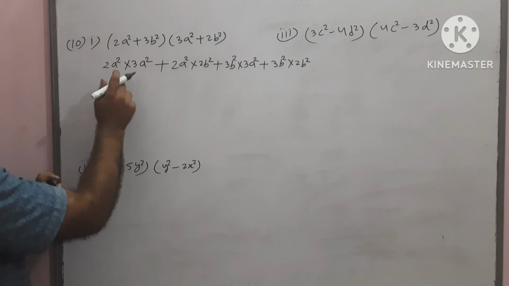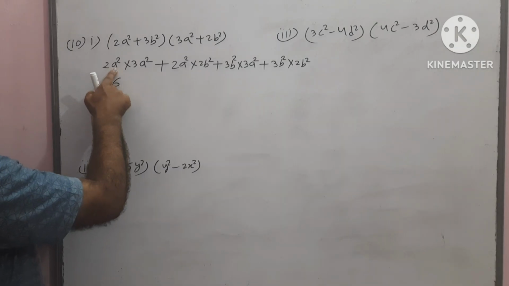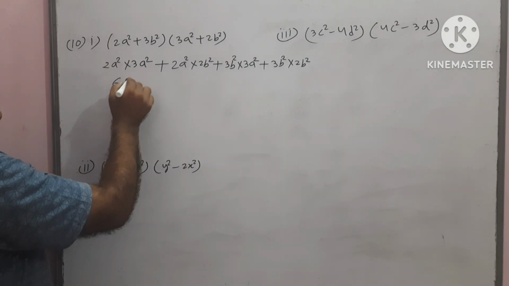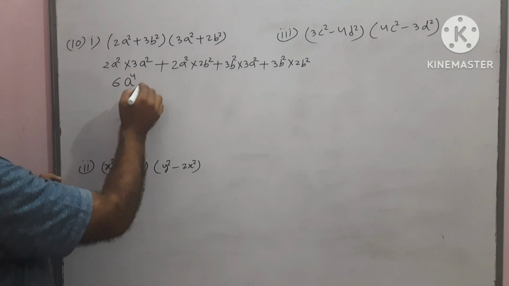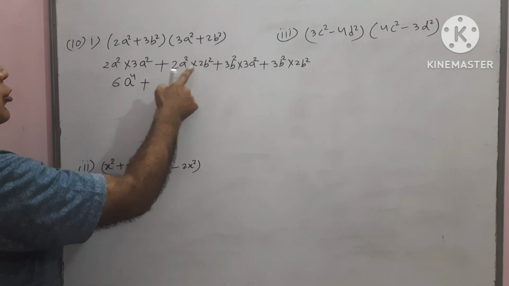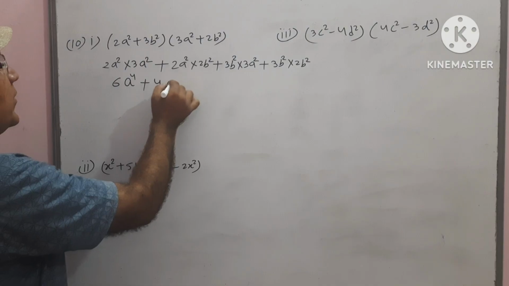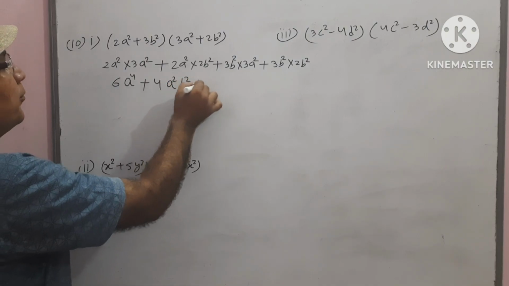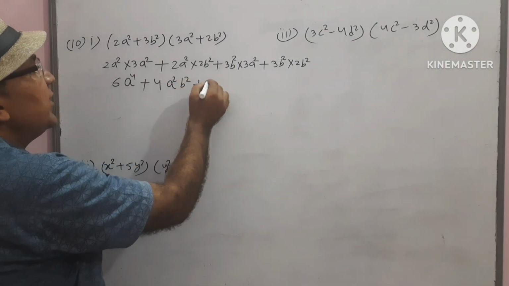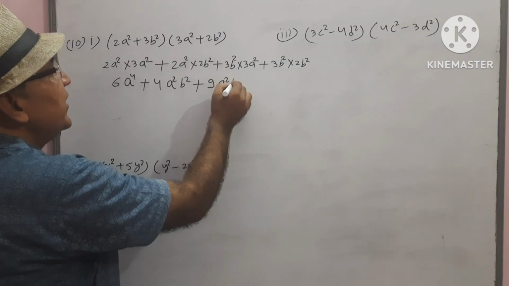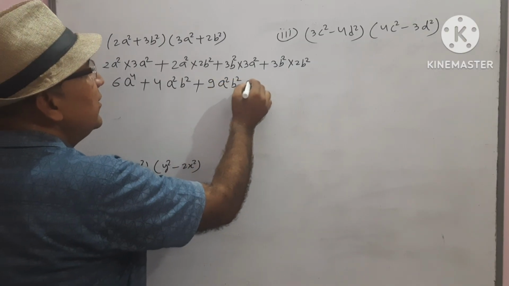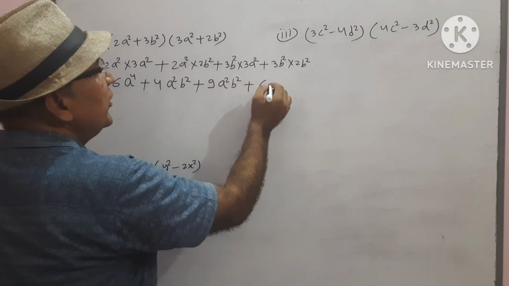Now 2 into 3 is 6. A square is multiplied with a square, it will become a power 4. Plus 2 is multiplied by 2 becomes 4. A square into b square. Plus 3 into 3 is 9. This also we can write a square b square. Plus 3 into 2 is 6.